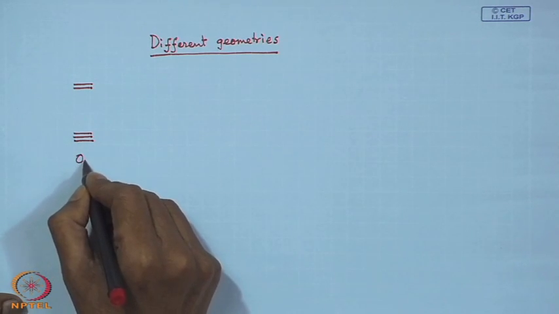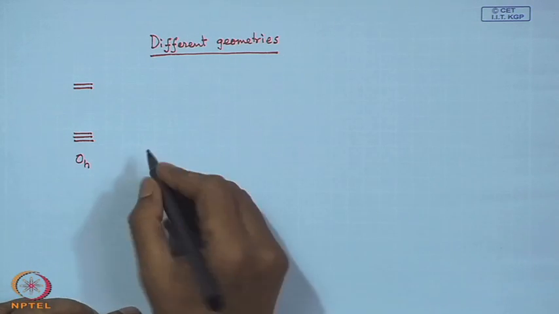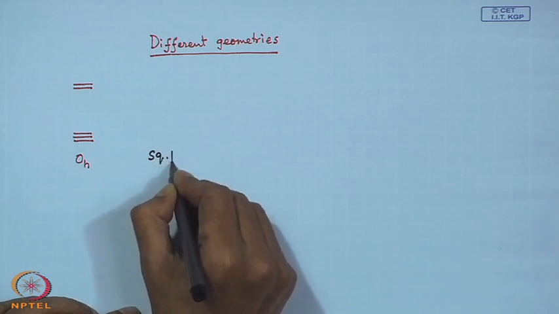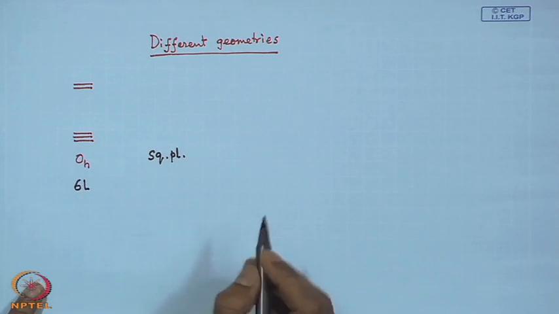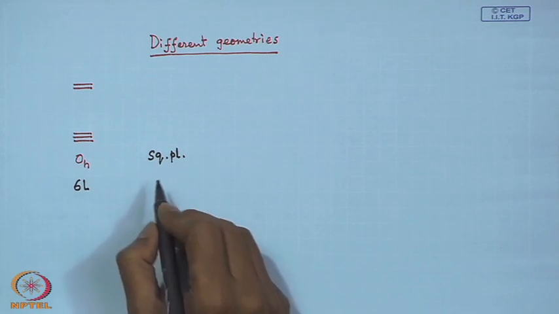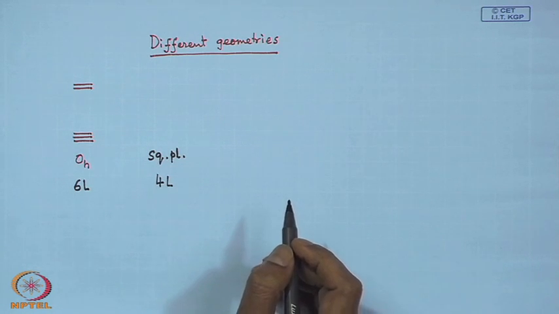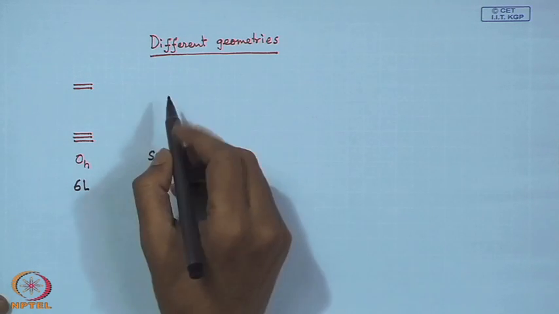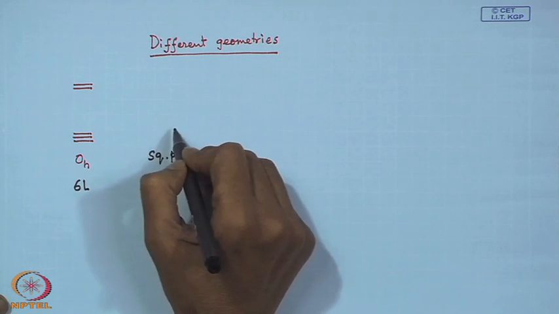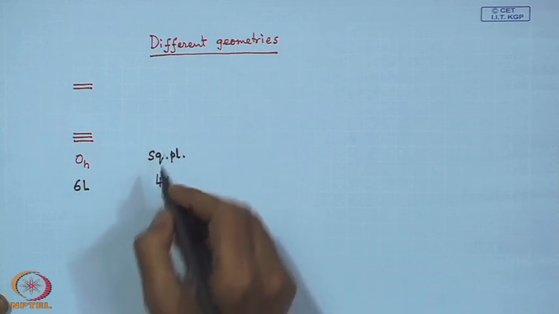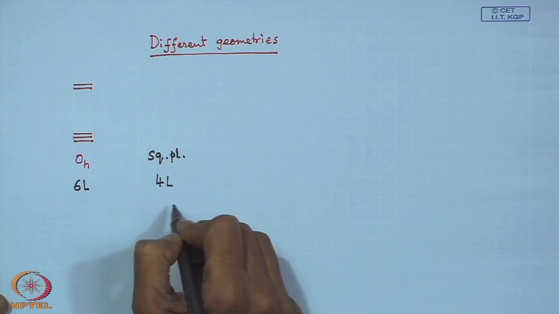If we have an octahedral crystal field and we move to a square planar one, we all know that this is obtained by putting 6 ligands around the metal center and this by putting 4 ligands around the metal center. Since the splitting is different, we can have a different ordering of these orbitals, and these orbitals can take different numbers of electrons, and that affects the properties of the corresponding complex.